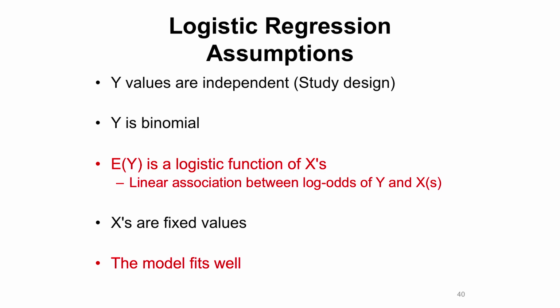The next assumption is that the X's are fixed values, meaning that they do not change, which we know from knowledge of study design. And the final assumption is that the model fits well. This is another assumption that we should check statistically with something like a likelihood ratio test or AIC.